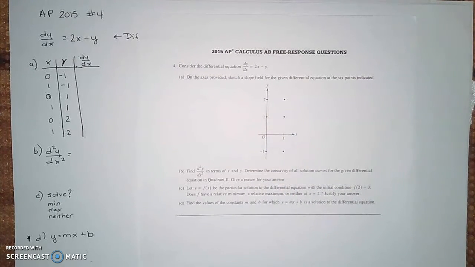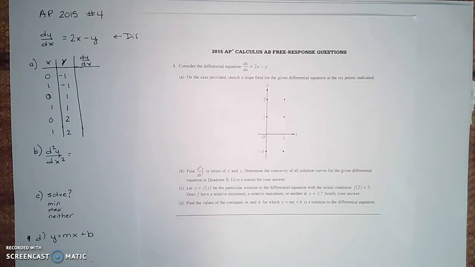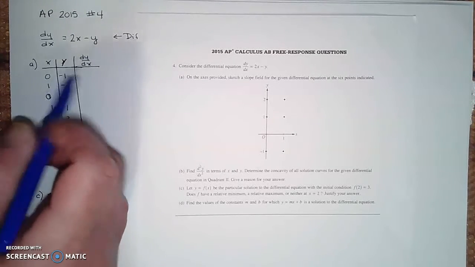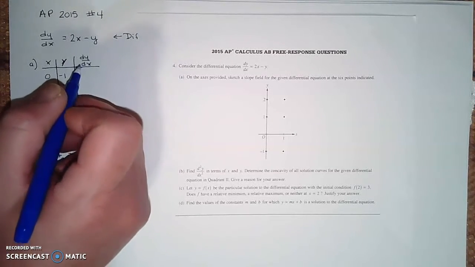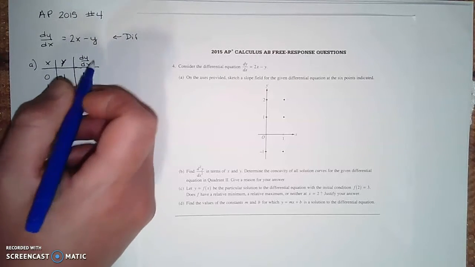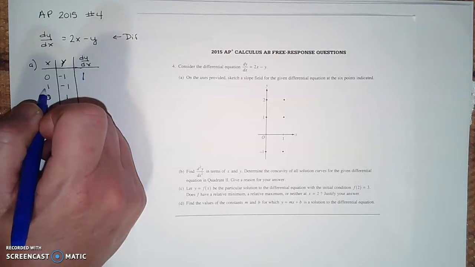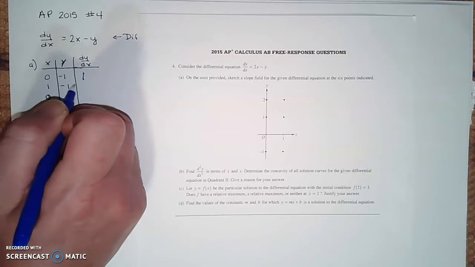We have to put them into the differential equation, and I've written down all those points with the x's and y's, and we're literally going to figure out what the slopes are of each of those. So when x is 0 and y is negative 1, we get a slope of 1. At 1, negative 1, that's 2 minus negative 1, which is 3.